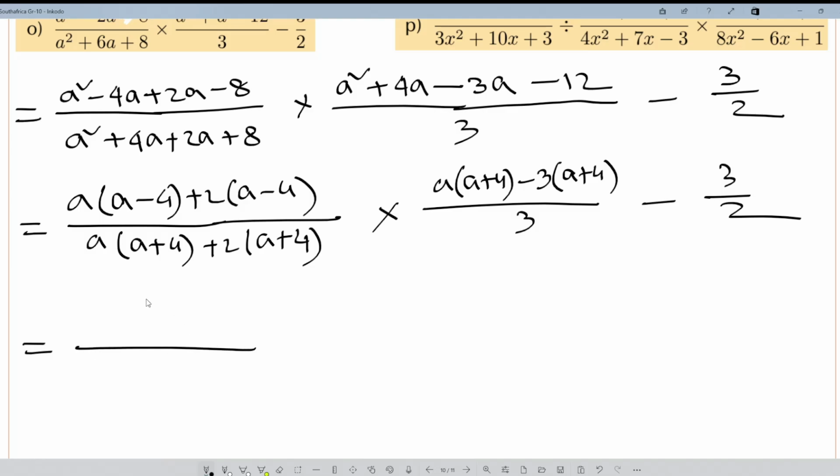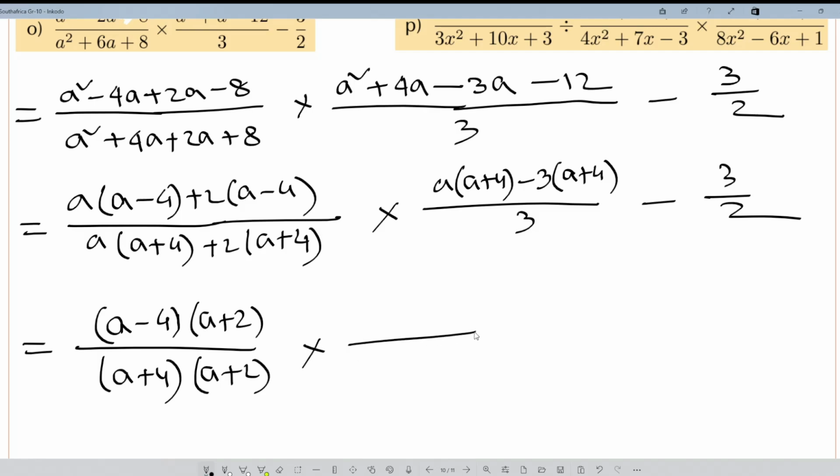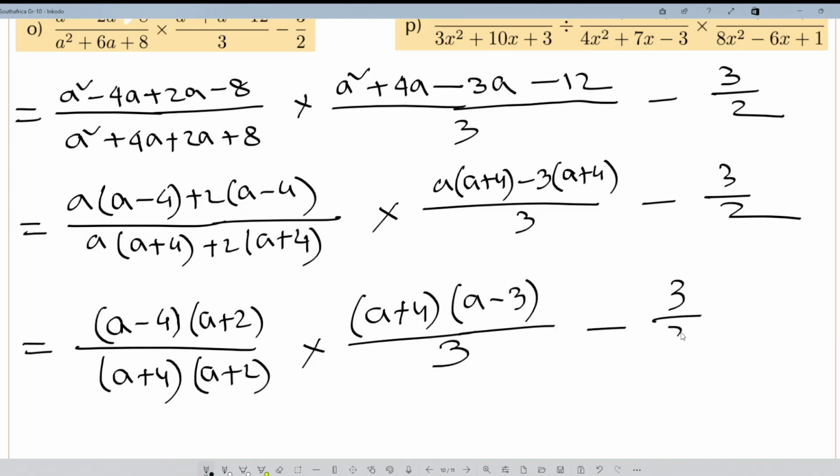Now a minus 4 times a plus 2, divided by a plus 4 times a plus 2, times a plus 4 times a minus 3, divided by 3 minus 3 by 2.